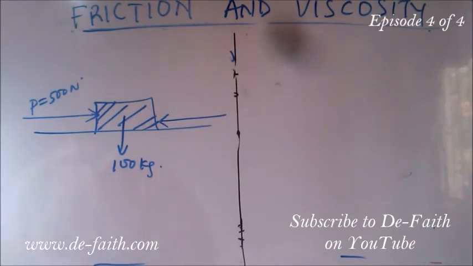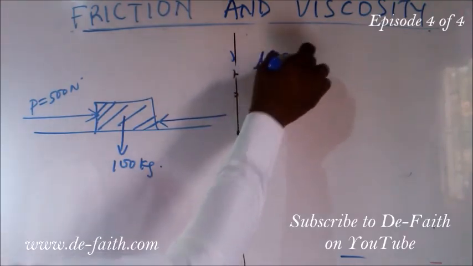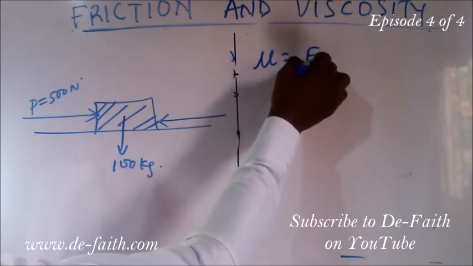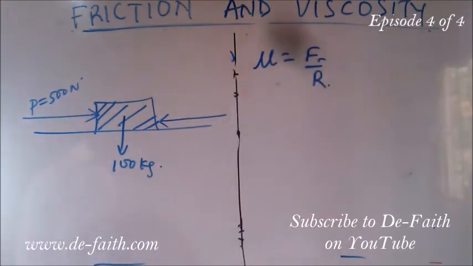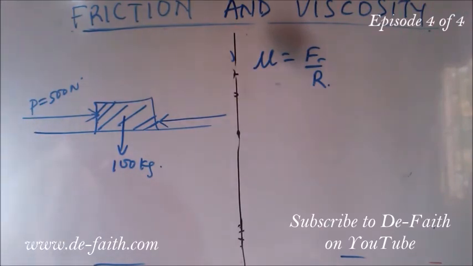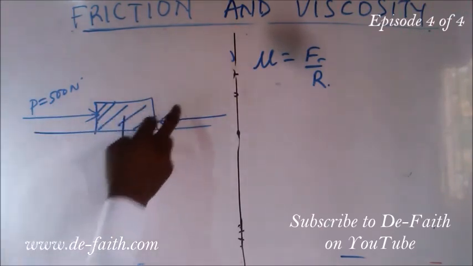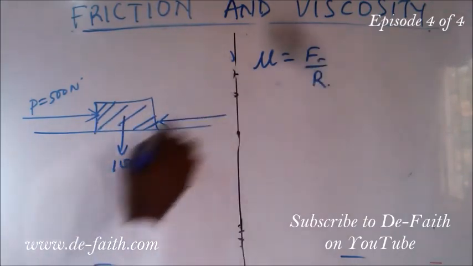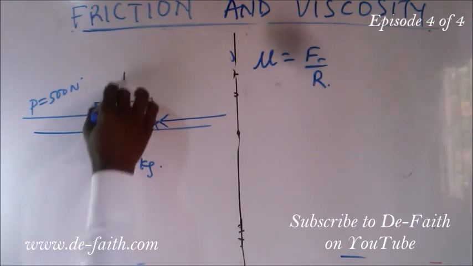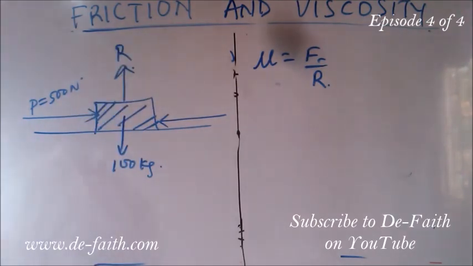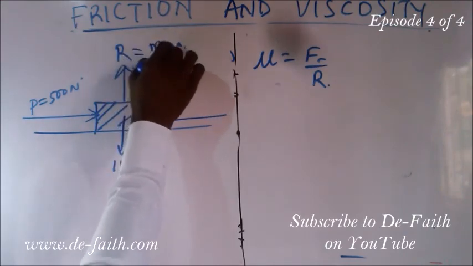Now as far as the box is moving, we have coefficient of static friction equal to F over R, where F here is the frictional force. So we'll take it that the frictional force is equal and opposite to the push. And then our normal reaction, which acts opposite, that is our R, is the mass times the gravity.